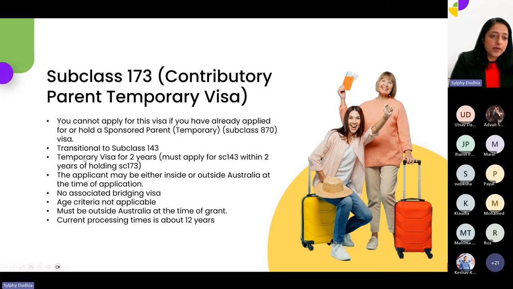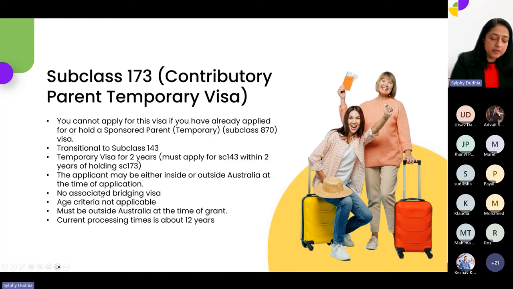When you are applying for this visa, you can also transition to a subclass 143 visa, which is a permanent visa. The temporary visa is for 2 years, so you must apply for 143 within 2 years of holding subclass 173. And this 173 visa period cannot be renewed.